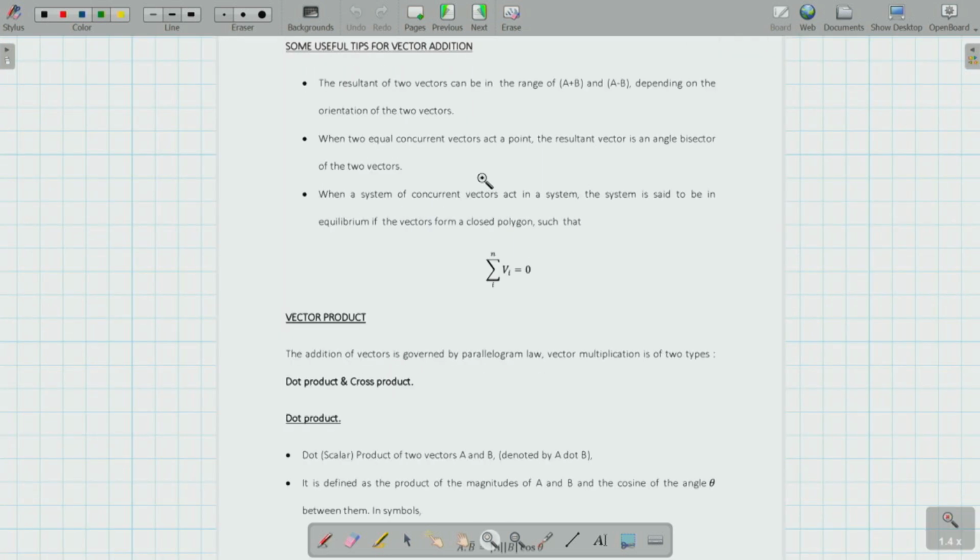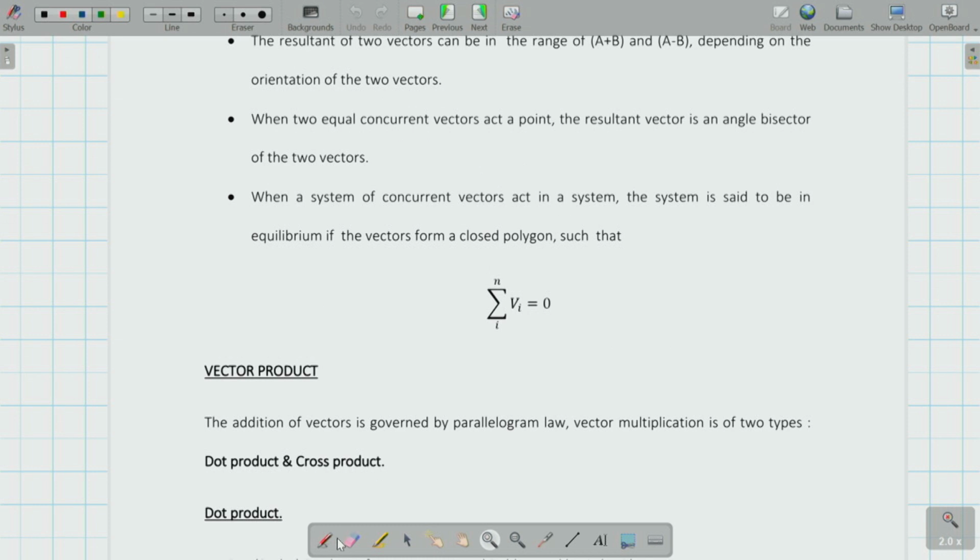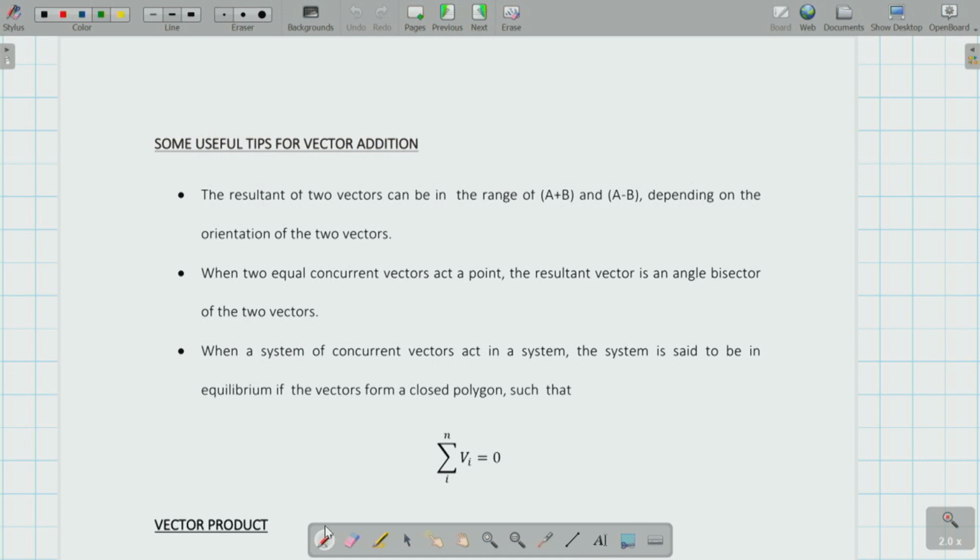I am here to give some useful tips which will benefit the students while solving problems, especially when they appear for competitive exams, when they work with restricted time. The first is, the resultant of two vectors is always going to be in a range between a maximum of A plus B and a minimum of A minus B, depending upon the orientation of vectors. Let us consider A to be 5 units and B to be 3 units.